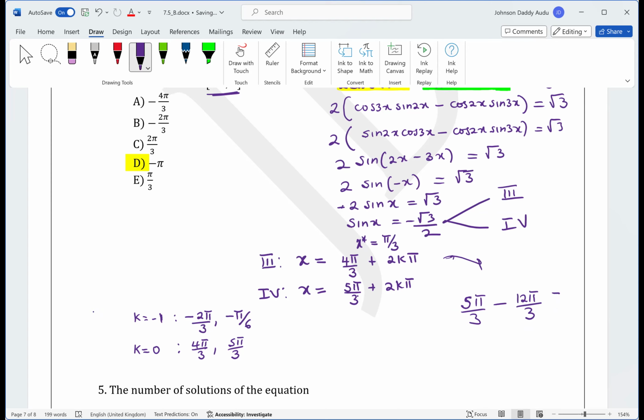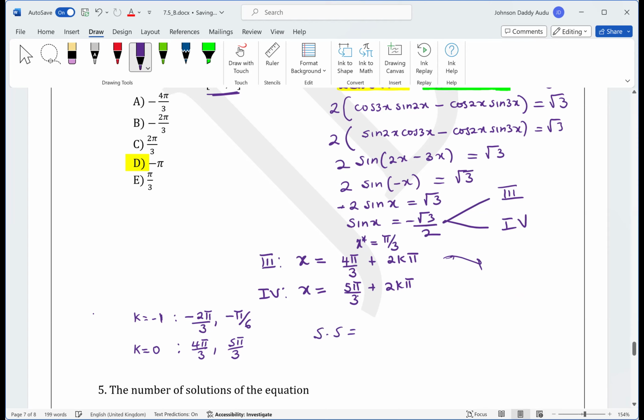And this is 5 pi minus 12 pi. This is going to give you -7 pi over 3. And if you have -7 pi over 3, you can see that this is -2 point something. This is also way outside. So it means the only case we can consider is k equals to -1.